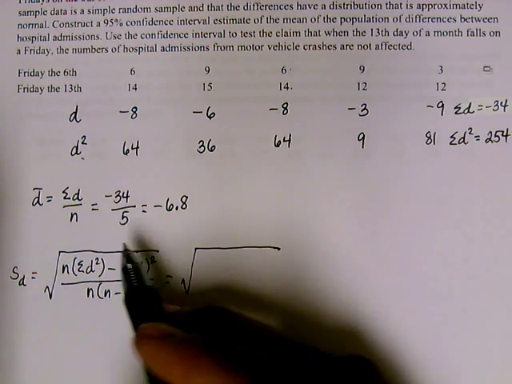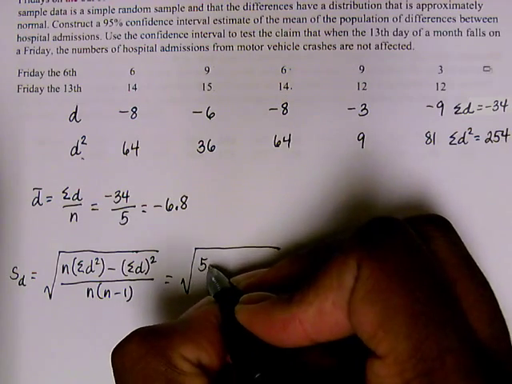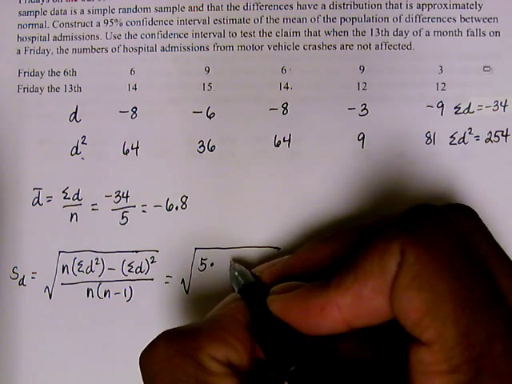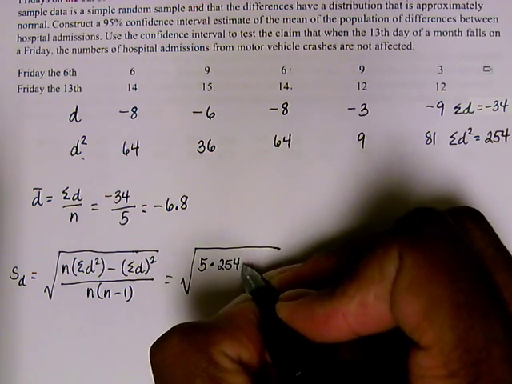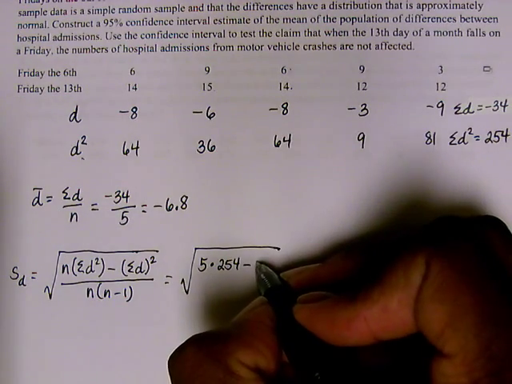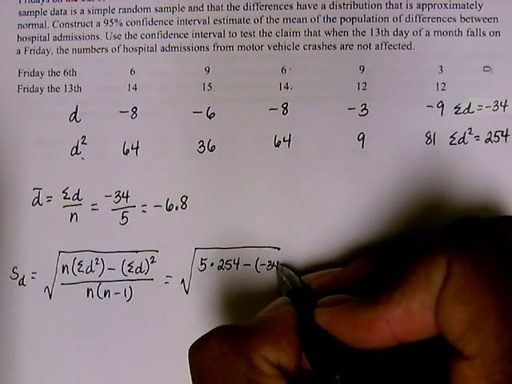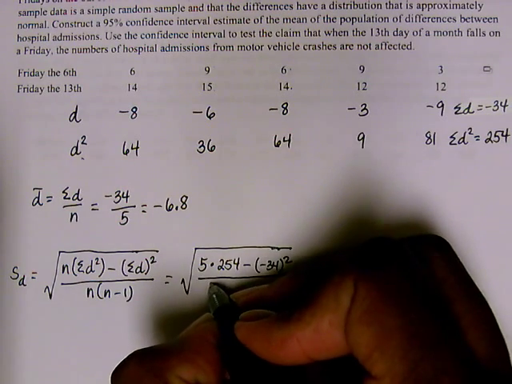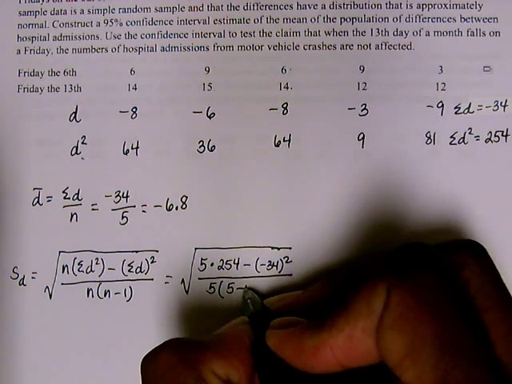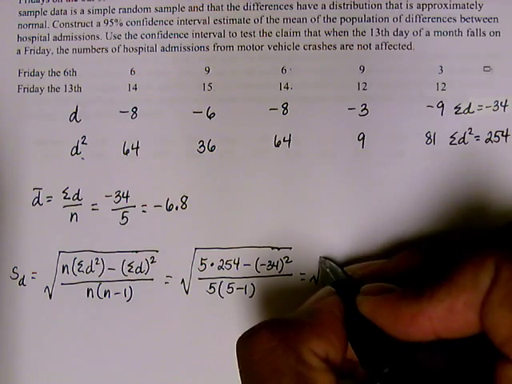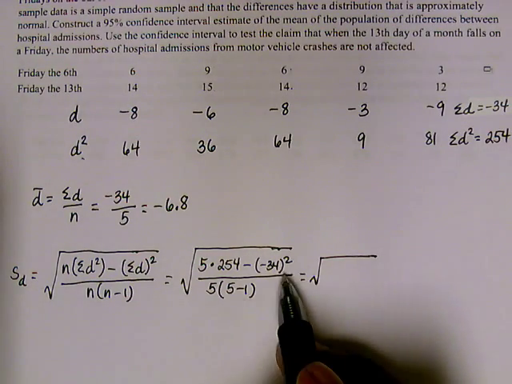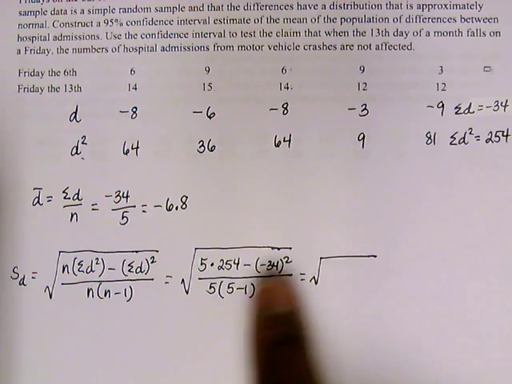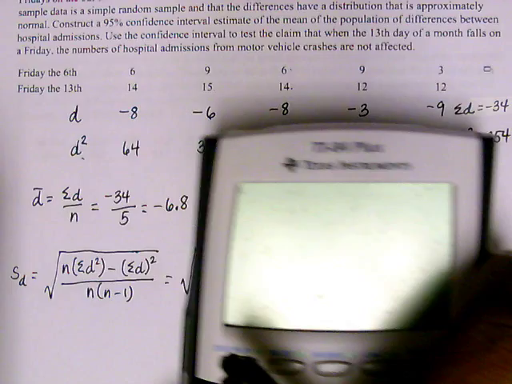Now the n is your 5, that's the number of paired data, times the sum of your d squares, that's 254, minus the sum of your d's, that's negative 34, and that's going to be squared. And n is 5, so that'll be 5 times 5 minus 1. I'm going to simplify what's underneath the radical, and then take the square root of whatever I get.